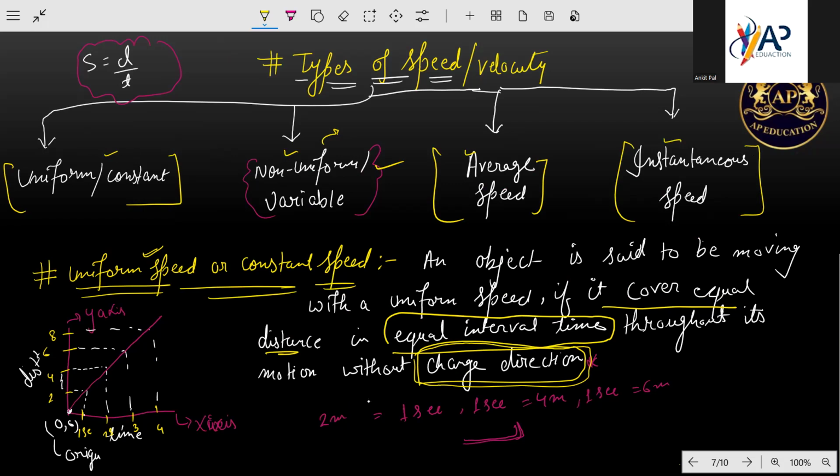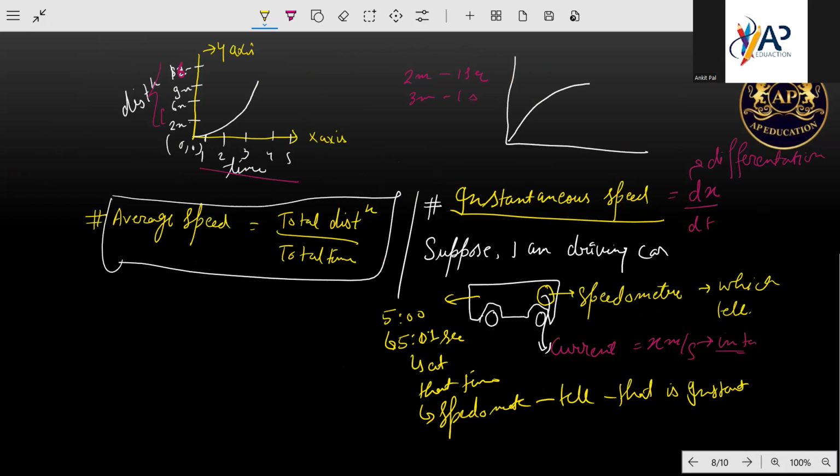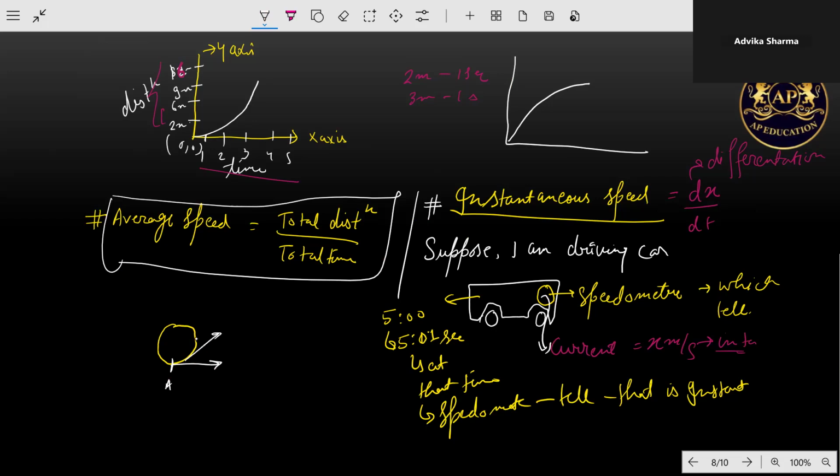Whenever we define uniform velocity, we mention that it is without change in direction. Listen, suppose a body is moving in a circular path. I am starting from point A. This is a tangent. At every point of a circle we can draw a tangent.